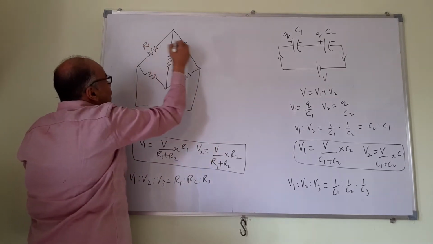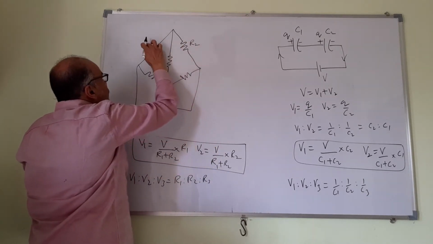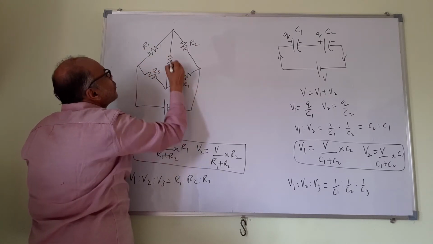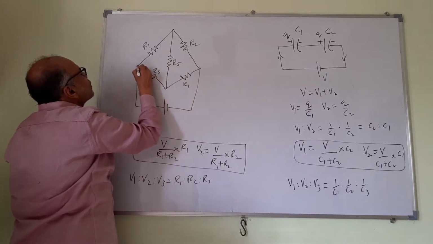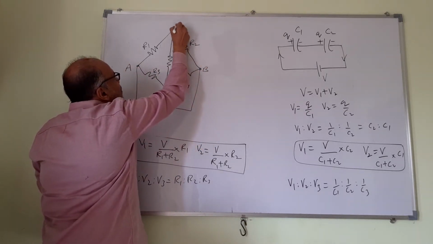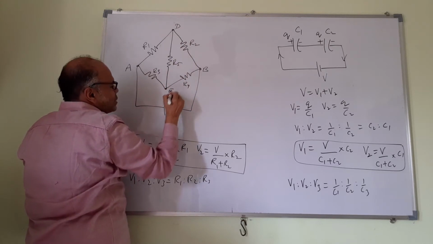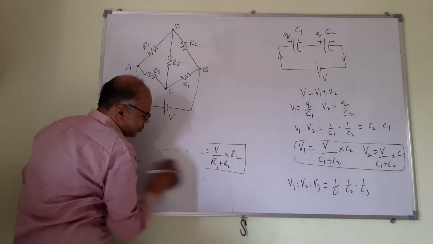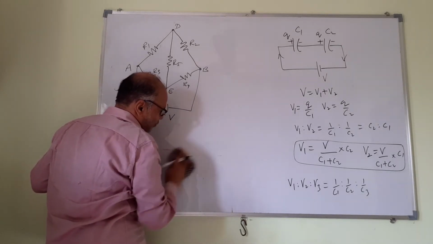I will call this R1, this is R2, R3, R4 and R5. I will call these nodes A, B, D and E. The applied voltage is V. This is the Wheatstone bridge with resistors.